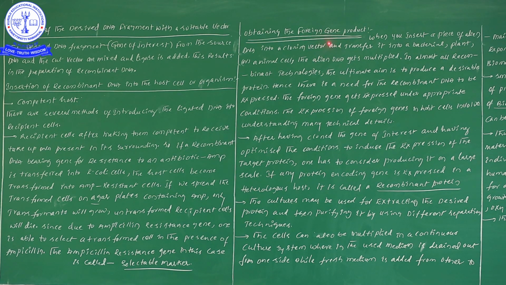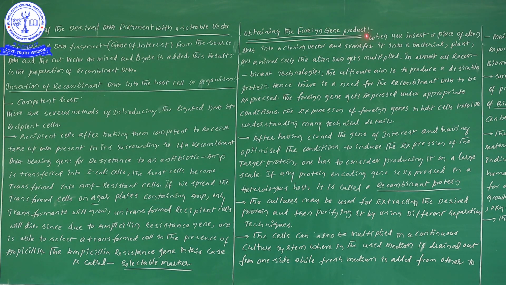Now, obtaining foreign gene product. This explanation is also important. Before I read and explain this one, I will give you some information orally. Now, one foreign gene, obtain foreign gene product.